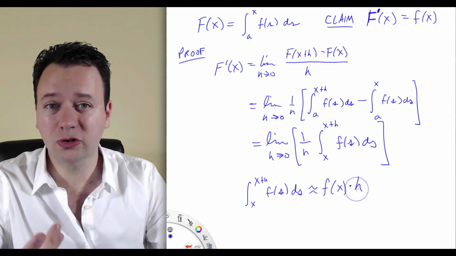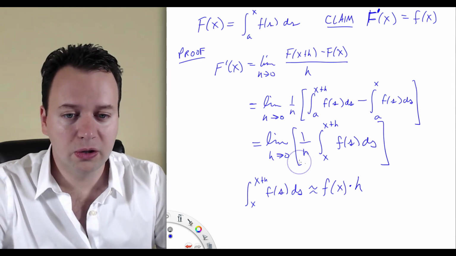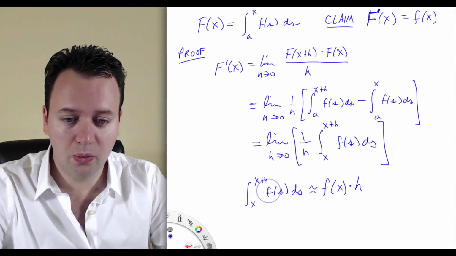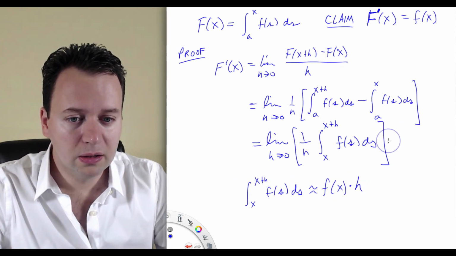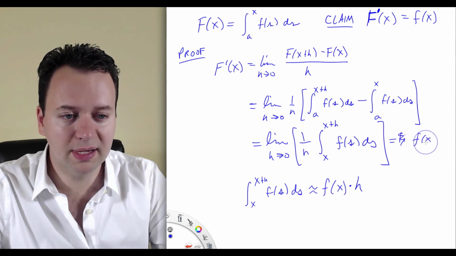And it gets closer and closer to being accurate as h goes to 0. So in the limit in particular, this one will equal this one because it becomes exact. So basically we get f of x times h over h, which just gives us f of x.